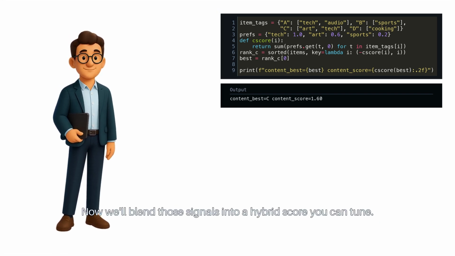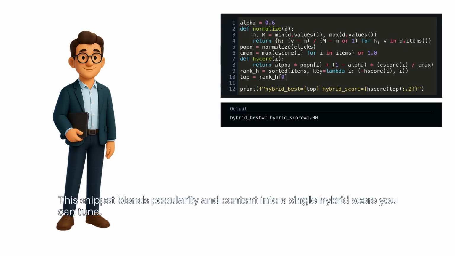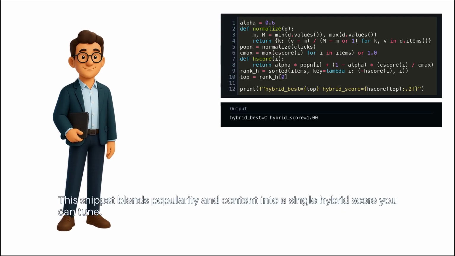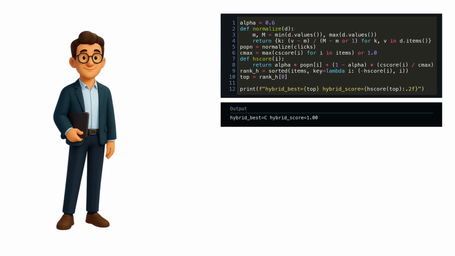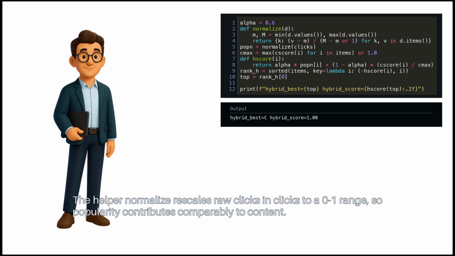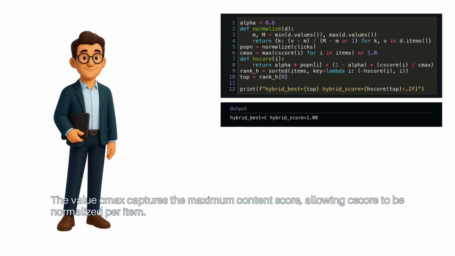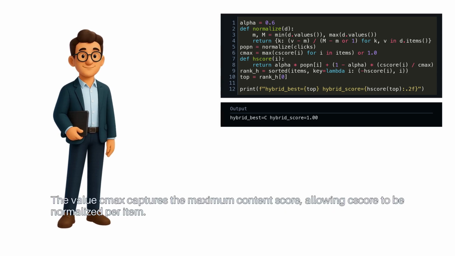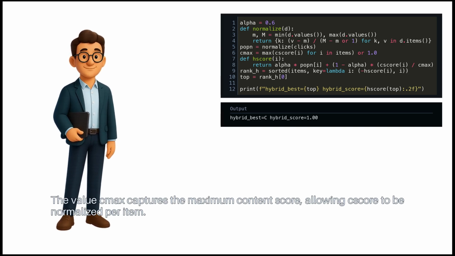Now we'll blend those signals into a hybrid score you can tune. This snippet blends popularity and content into a single hybrid score you can tune. The helper normalize rescales raw clicks in clicks to a 0-1 range, so popularity contributes comparably to content. The value cmax captures the maximum content score, allowing cscore to be normalized per item.